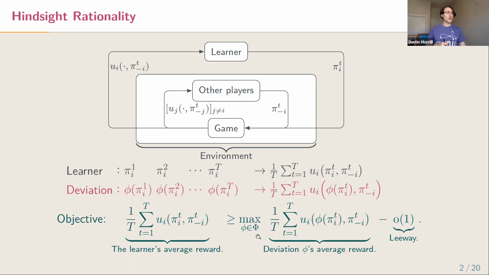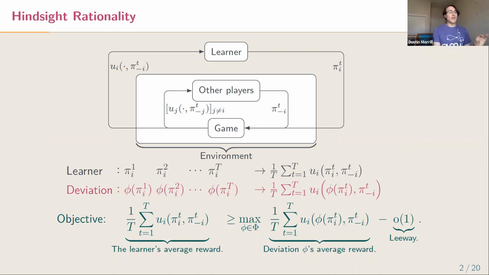Now, an equivalent way this objective is often framed is that the difference between these two sums will be taken, and we'll call that regret. And then hindsight rationality here is the same as minimizing regret and making sure that it grows sublinearly over time.